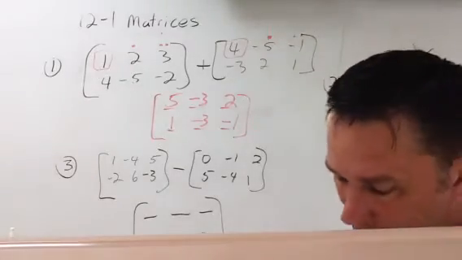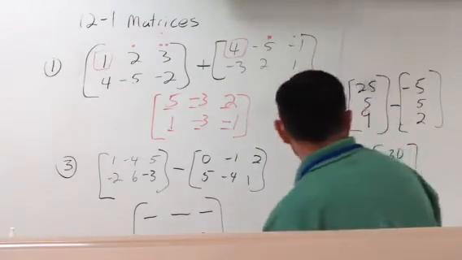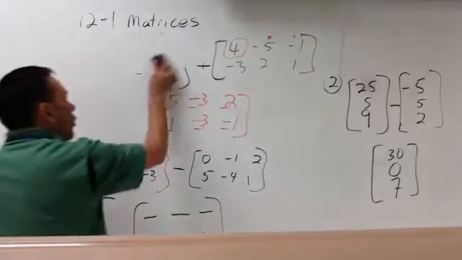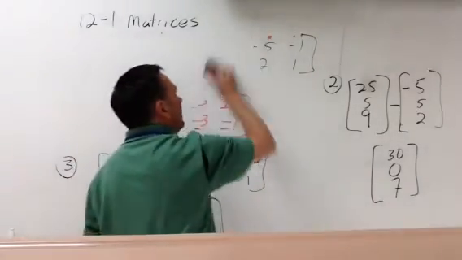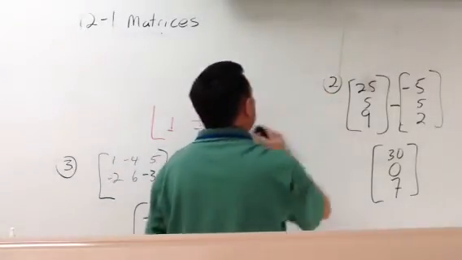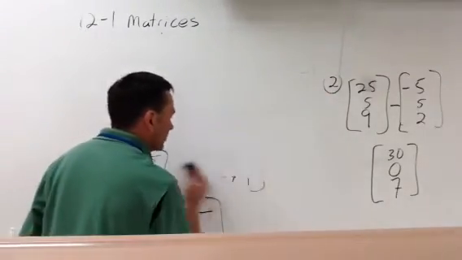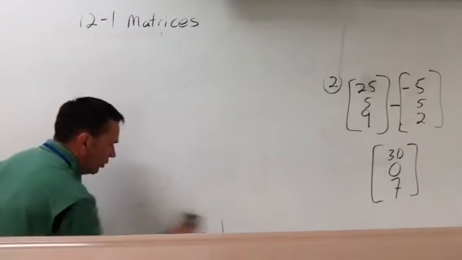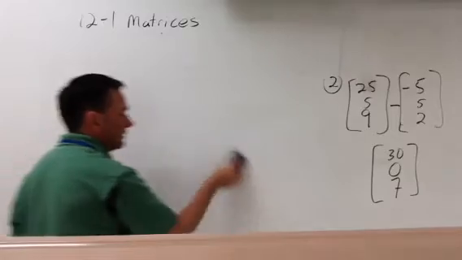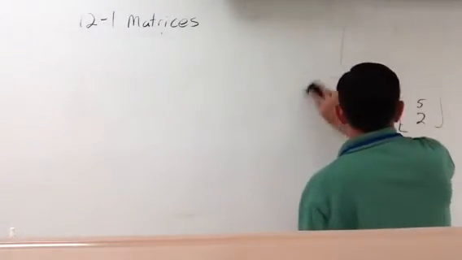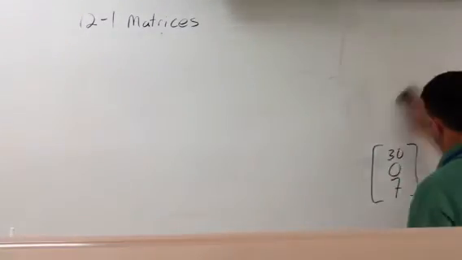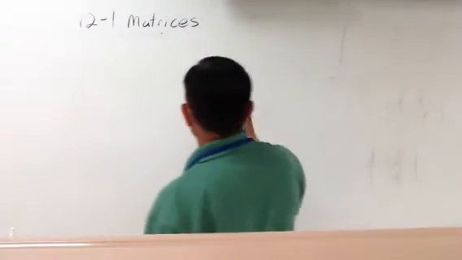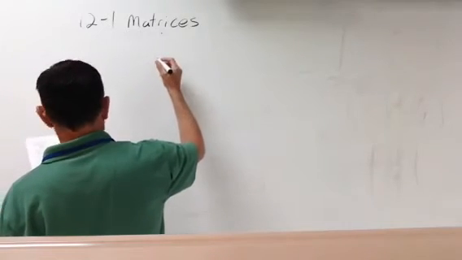Now the last part of this is what we call scalar multiplication. We all know how to multiply; we're just throwing in the word scalar. What scalar means is that everything in the matrix gets multiplied by that number. So we started with this problem.